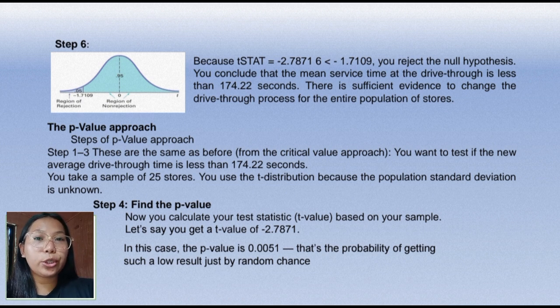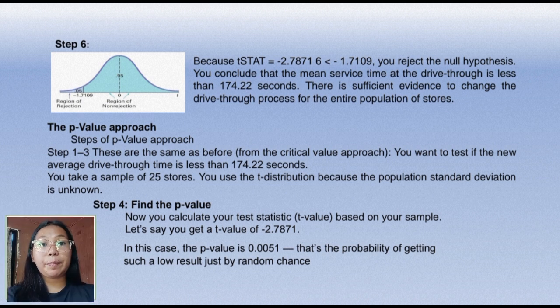So the conclusion is that the mean service time at the drive-thru is less than 174.22 seconds. So there is sufficient evidence to change the drive-thru process for the entire population of stores.